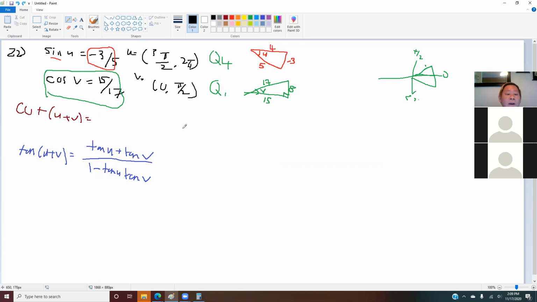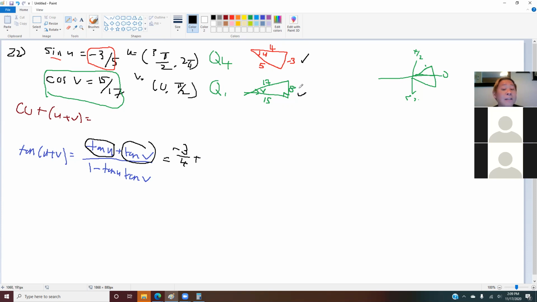And now you have to figure out what is tangent U. Tangent U comes from here. So what is SOHCAHTOA? Tangent is what over what? Opposite over adjacent. So -3 over 4. And then tangent V, you have to look at this. Oh, this is wrong.